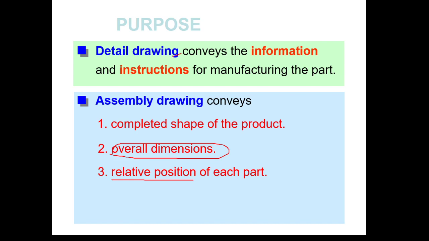But a detail drawing shows the images of a single component. We show not the overall dimensions. Saying overall dimensions, we mean width, height, and depth.